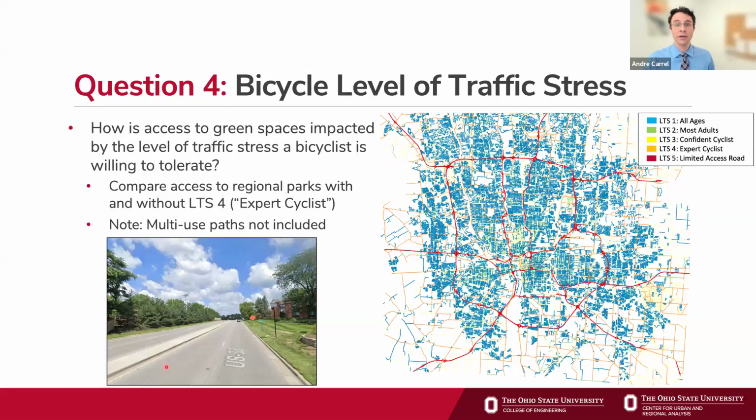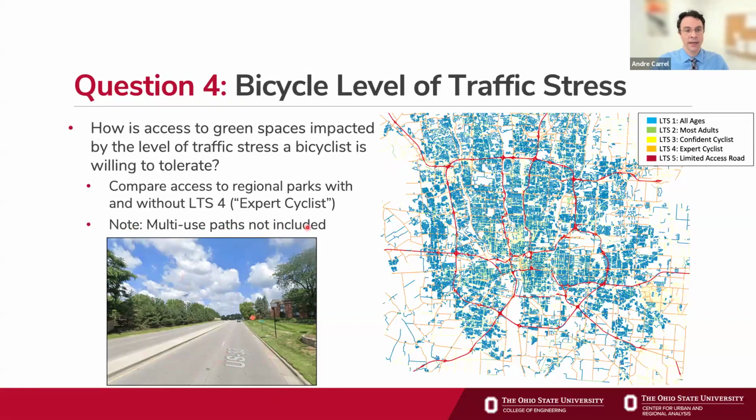You can see down here an example of an LTS 4 road. Fairly high volume, or high speed arterial that even as an experienced bicyclist, you might not be comfortable biking on. And so we want to compare what removing these from the network would do.